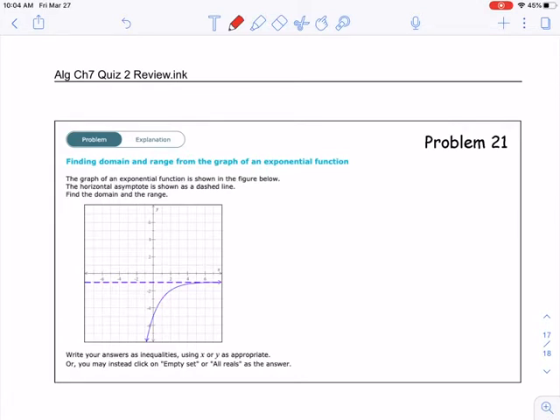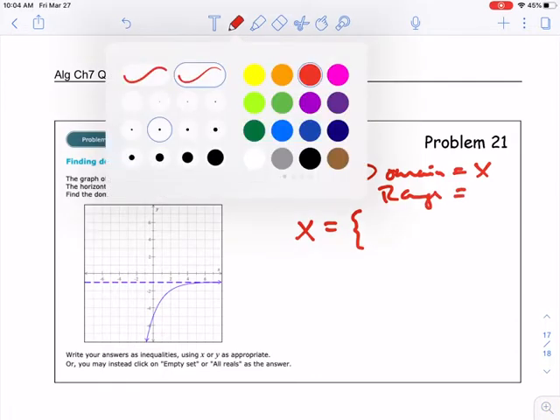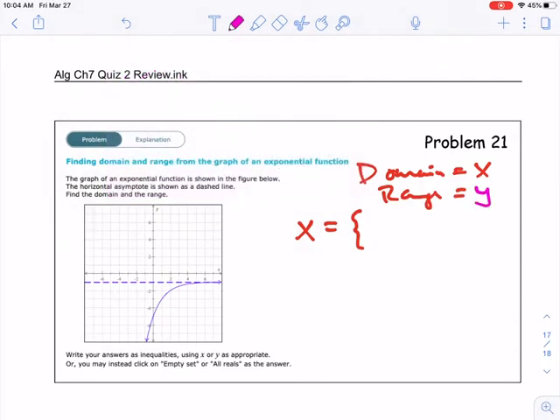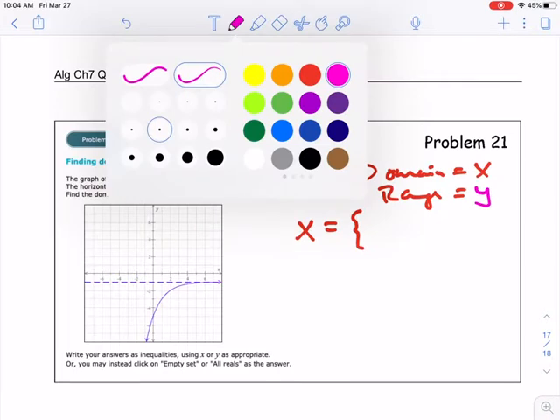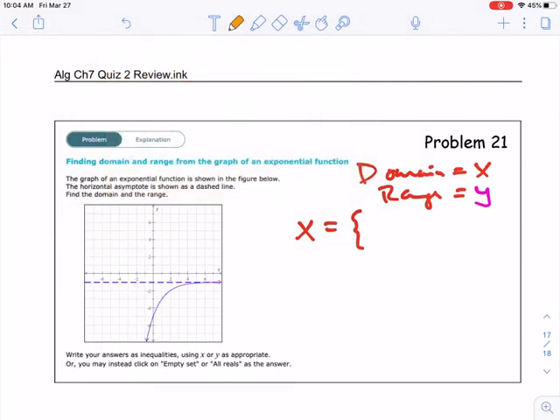I'm not exactly sure how they show you, but the way I would write this is x equals, in some kind of bracket form, and your domain is always your x values, and your range is always your y values.